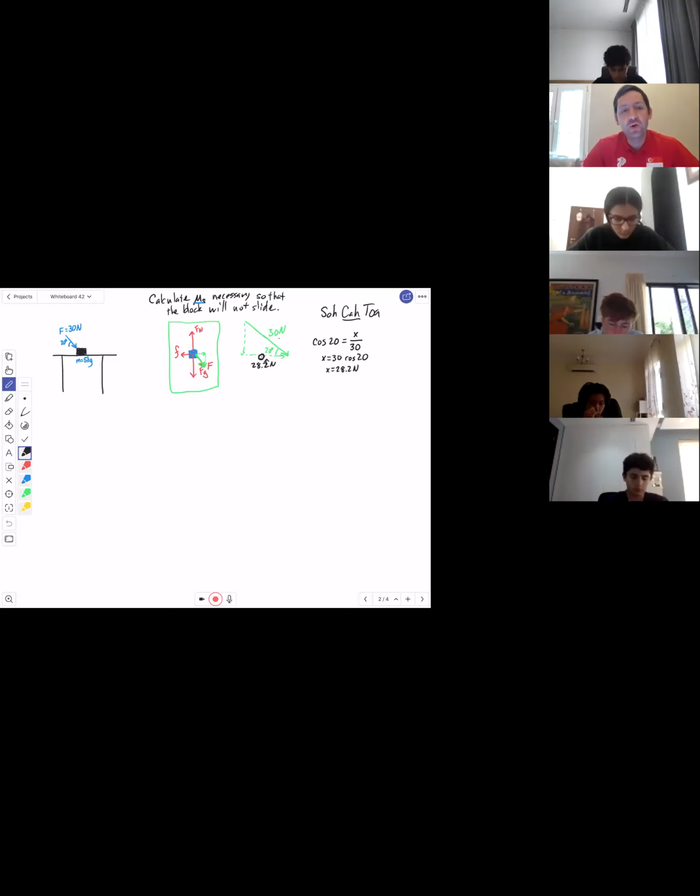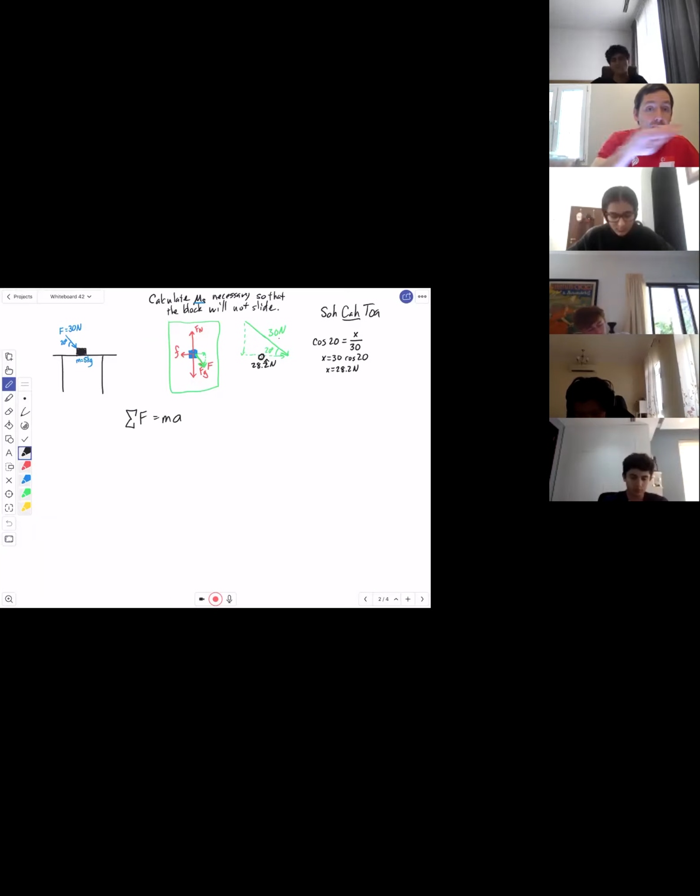So now we can do Newton's second law for our horizontal forces. We've got friction, which is going to the left. Remember, Newton's second law says that the sum of the forces equals mass times acceleration.